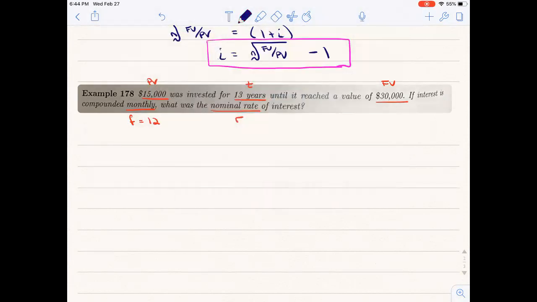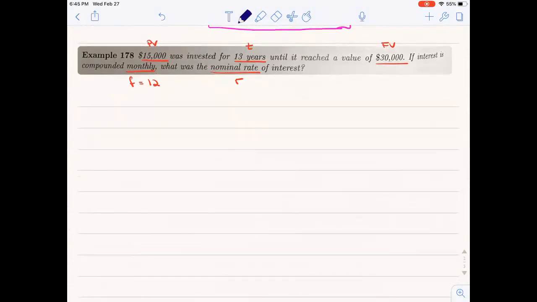In terms of a timeline, like I said, really simple, but let's do it anyways. It doesn't say when you deposited it and when you are taking it out. So for simplicity, I just say here's today, and here's 13 years.